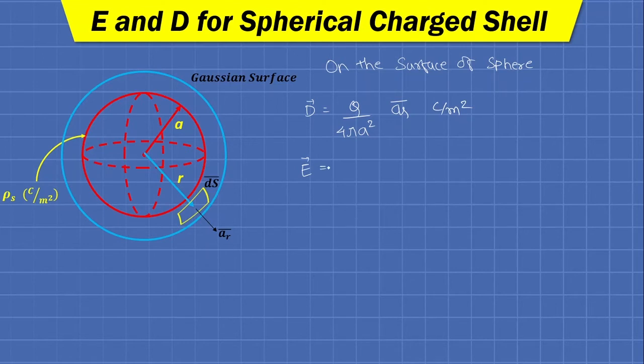Same way, intensity on the surface of spherical shell will be Q upon 4 pi epsilon naught a square in the direction of r with unit volt per meter.